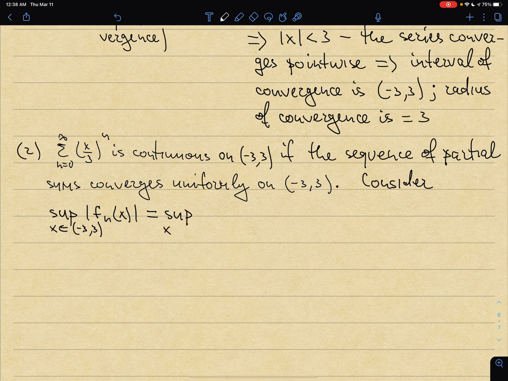This is the supremum between -3 and 3, open interval, and my function is (x over 3) to the power n, right? What is the supremum of this on the interval from -3 to 3? Well, I can get arbitrarily close to 3.